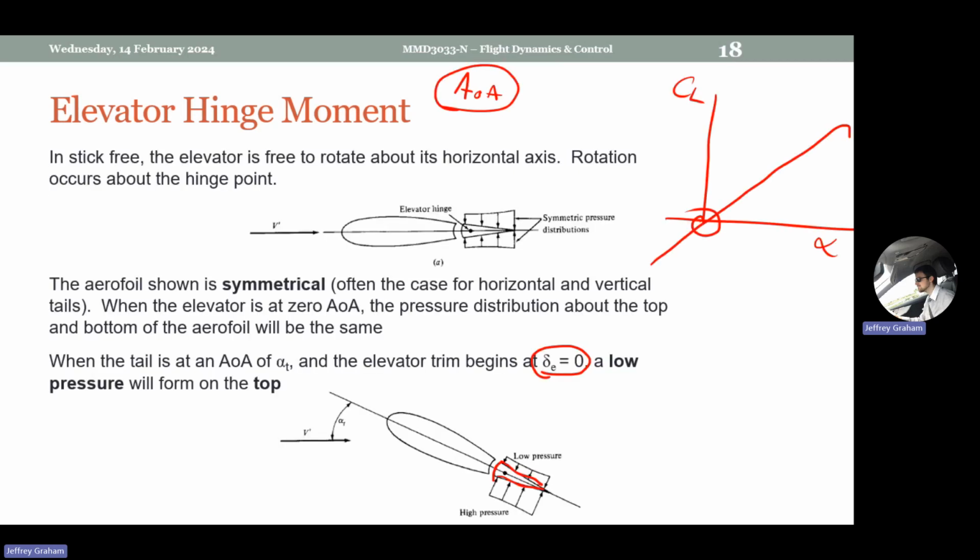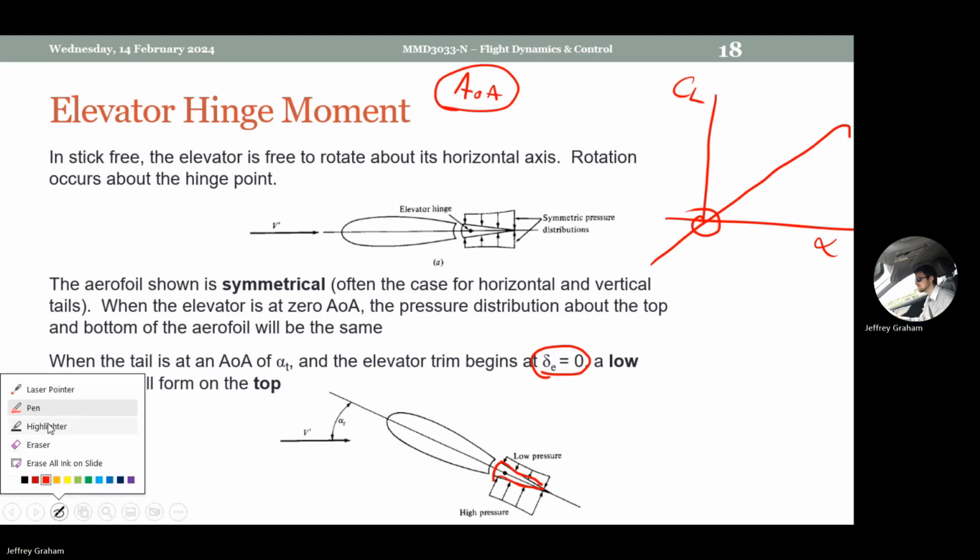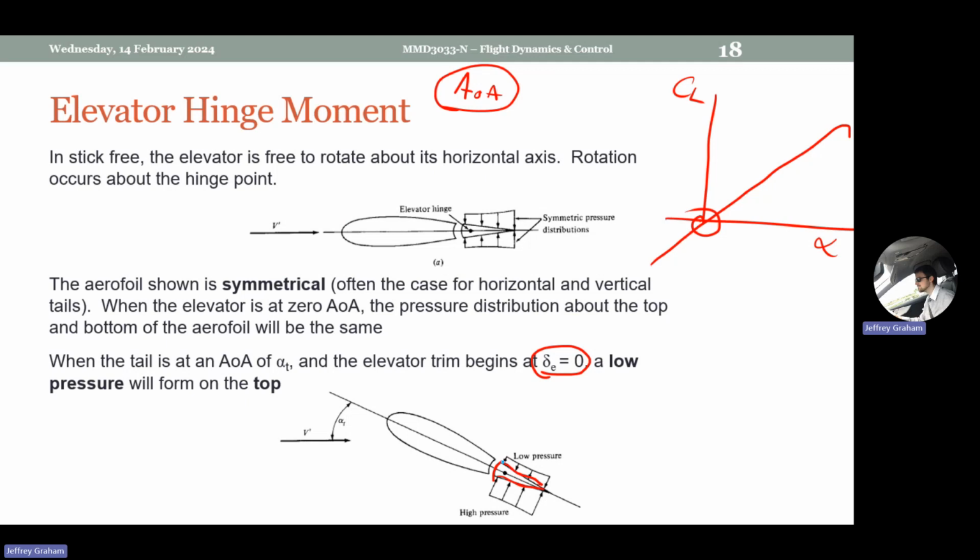So just jumping back. This elevator is going to want to go from this red position to something that looks like that now. So it's moved upwards. Obviously, it's not a great diagram, but it's attached to this full section. It's moved up.